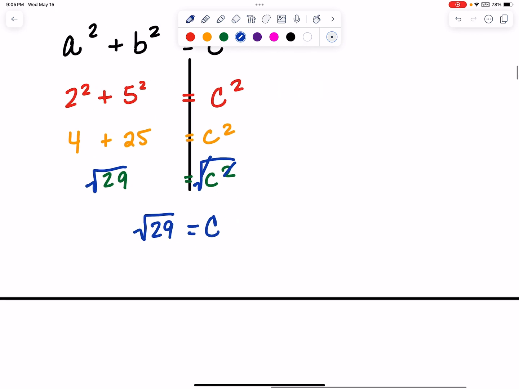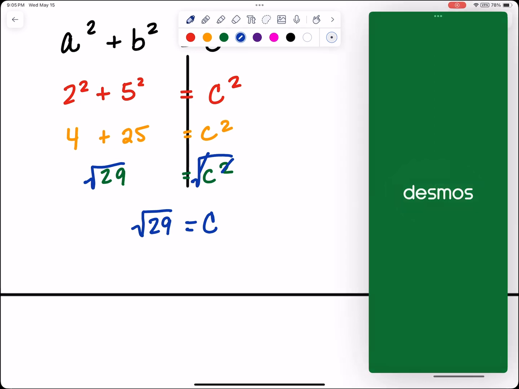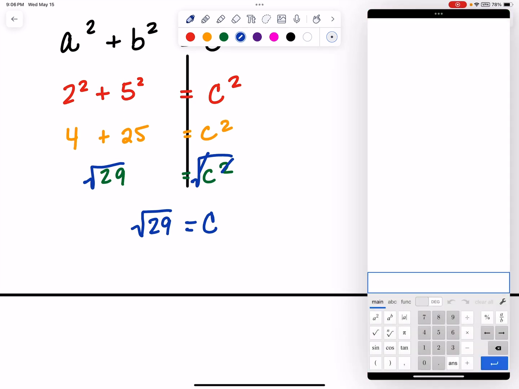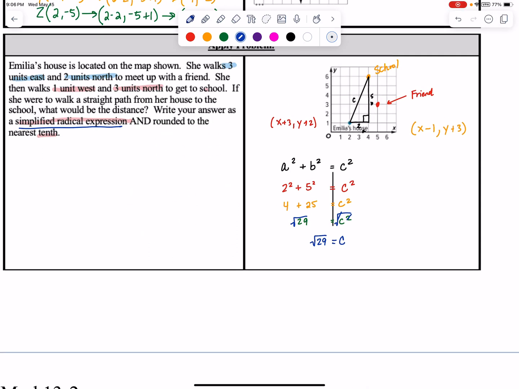And the reason we don't want to actually write what the square root of 29 is because guess what? It probably is an irrational number, right? Let's go ahead and look. Square root of 29 is 5.385. And it continues forever. It doesn't stop, and it does not repeat, okay? And so we're actually going to leave it at the square root of 29 equals c so that we have the most accurate answer.